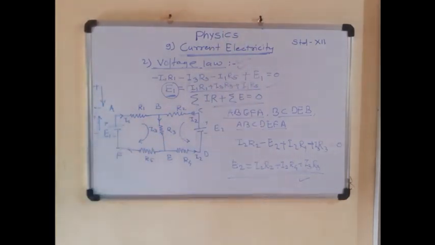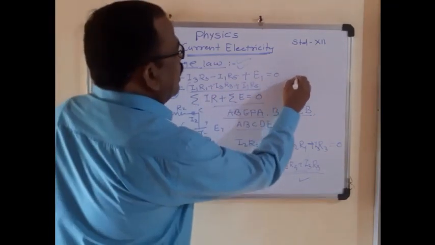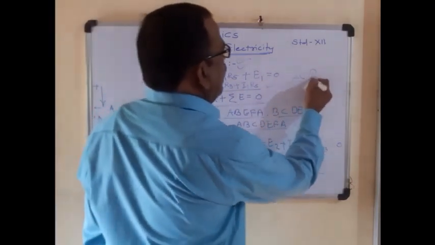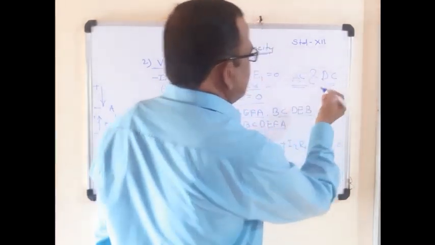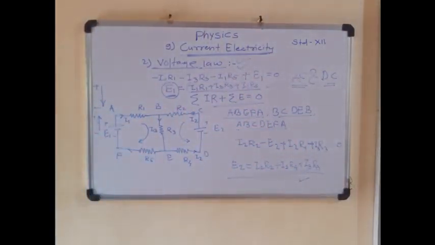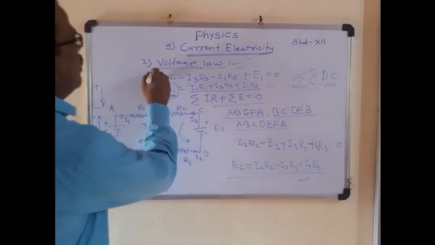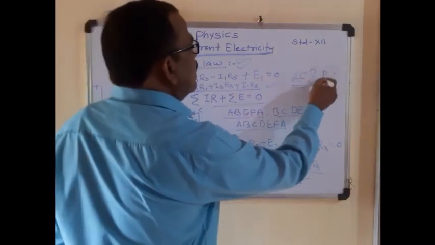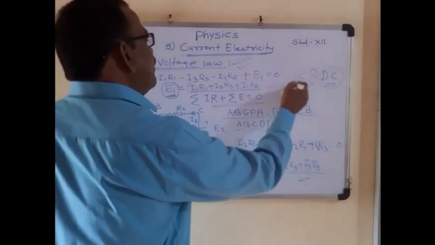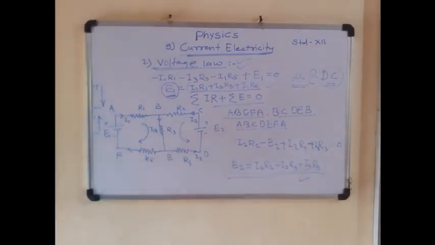Kirchhoff's first and second law, or voltage law, is applicable for AC and DC circuits. Kirchhoff's law is most accurately applicable for DC circuits and low frequency AC circuits.